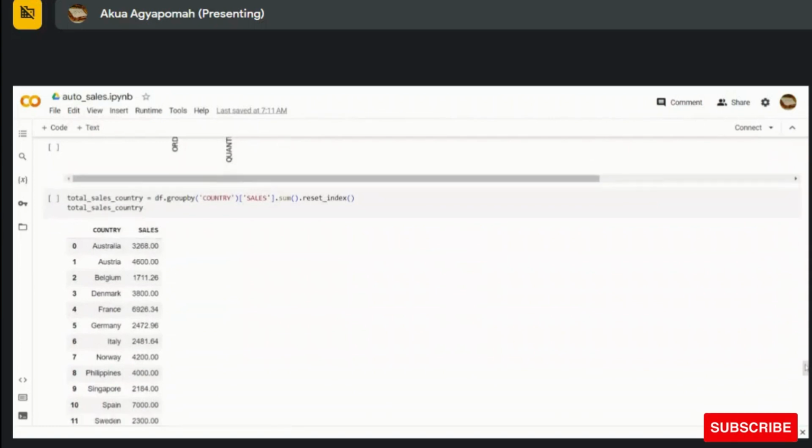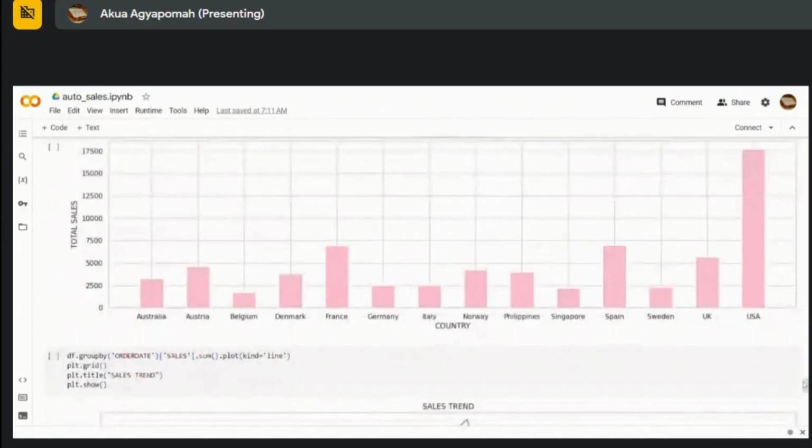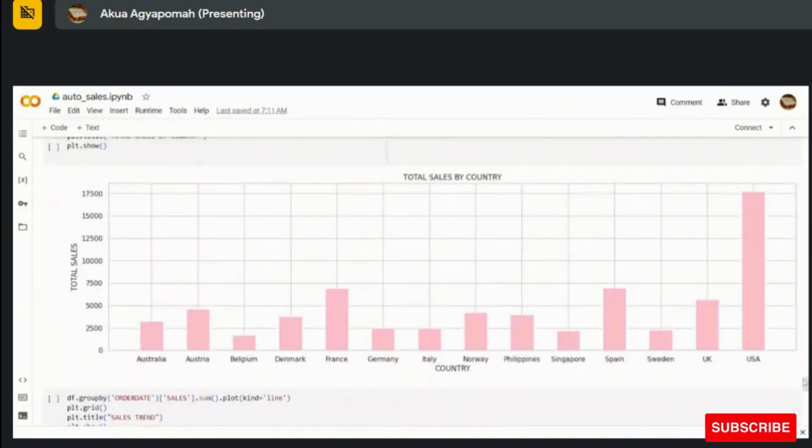I think it is very self-explanatory here. And then I did some total sales by country. The customers for this particular company are coming from these countries: Australia, USA, UK, and all. So I did total sales per country for the year 2019.